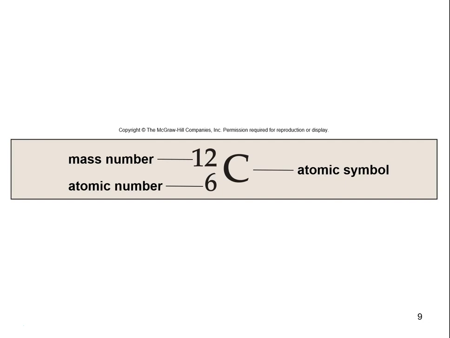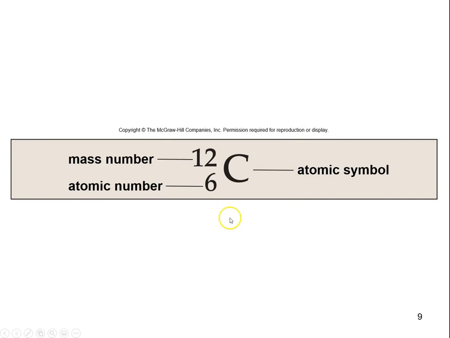All right, so if we look at this symbol here, we see this atomic symbol, right? This is carbon. And again, this is how this will look in the periodic table. And so what do these numbers mean, right? This number here, 12, up at the top left, is the mass number, and 6 is the atomic number. So again, remember, mass number is the number of protons and neutrons, okay? Atomic number is the number of protons.